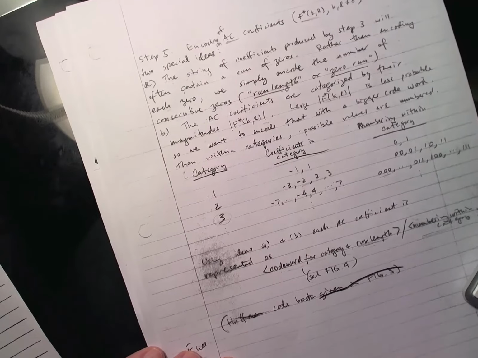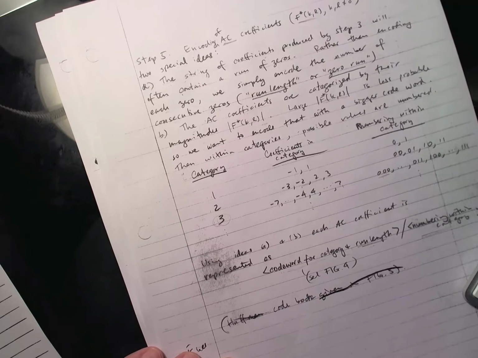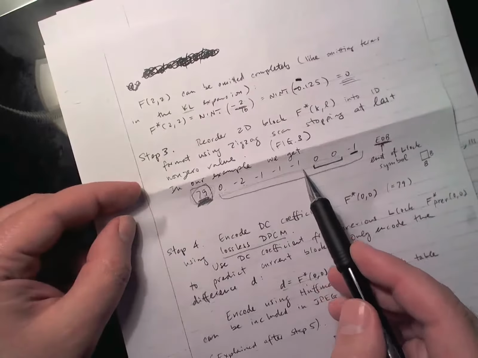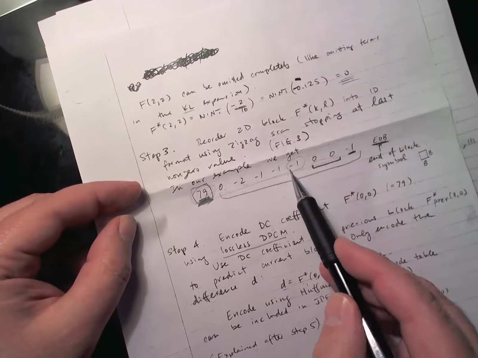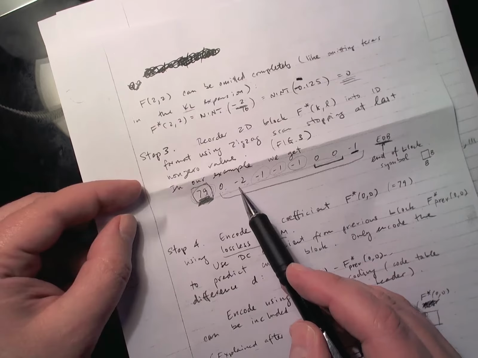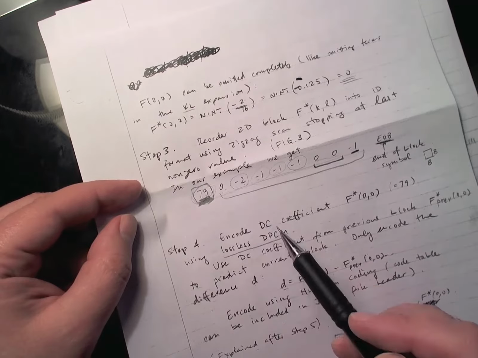Okay, the other idea that is used is along the lines of variable length coding. As we see here, it's very common to have small numbers here, like -1. Not so common to have a bigger number like -2.